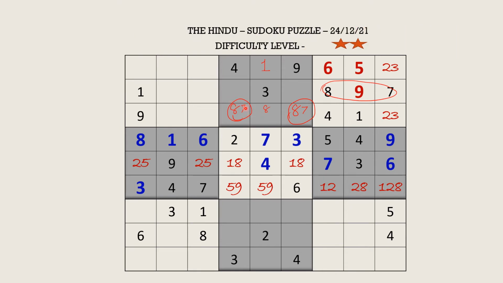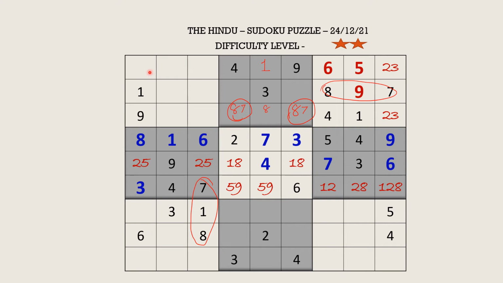Now here this 8-7 blocks these two cells, and this 8-7 blocks here. So we know that this is the row which will take 8 and 7. So here we can see 8-7. So this 8-7 blocks here, this 8-7 blocks here, this 8-7 blocks here.